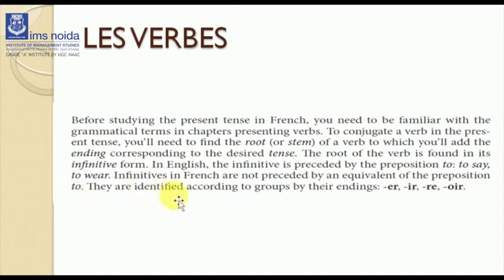They are identified according to group by their endings, like er, ir, re, or oir. As I have explained the different groups of verbs in my previous videos, you can see them in the example as well.